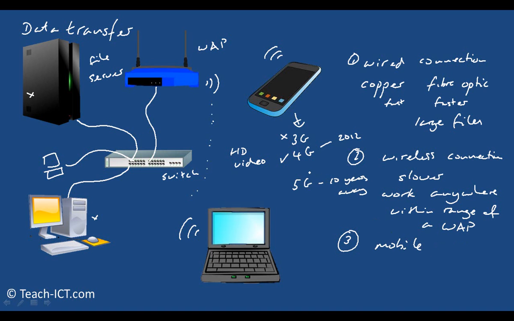Now there's a point in the future, maybe there'll be no need for Wi-Fi, maybe there'll be no need for a wired connection, maybe when your children get to school they'll just be using 5G connections for all of their mobile devices. These are great because you don't have to be within range of a WAP. You really can potentially, with a mobile device, work anywhere.